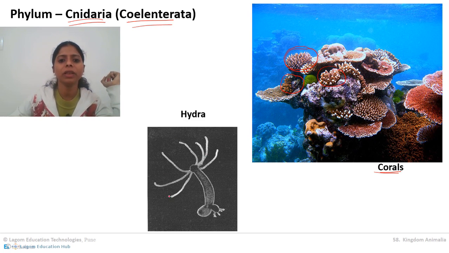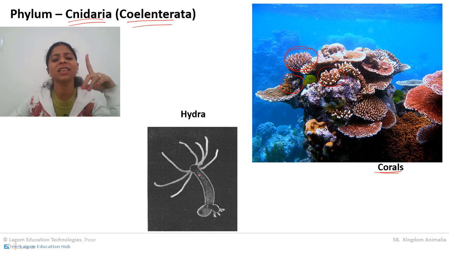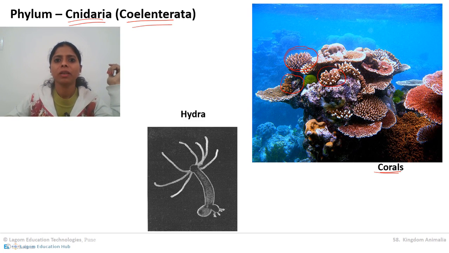But on the other hand, you can find Hydra singly; it can be solitary. Jellyfish is another example which is also solitary; they live alone. On the other hand, corals form colonies. So the mode of living may be colonial or solitary.